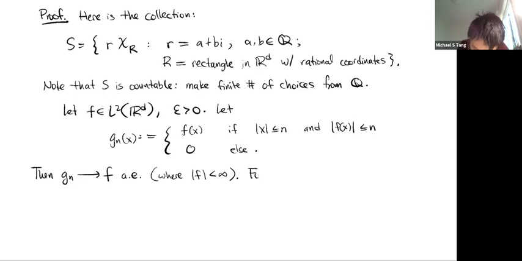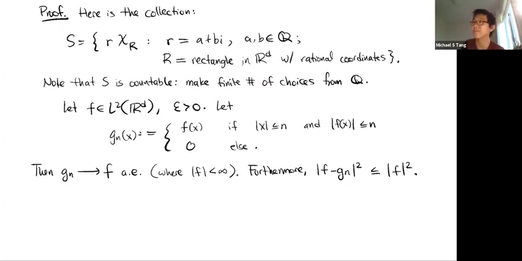Furthermore, let's take a look at this function, |f minus Gn| squared. This is sort of a silly function because it's always either 0 or |f| squared. So we have that this is bounded. And the reason I'm saying this is because we're going to use dominated convergence to prove something about how Gn goes to f.